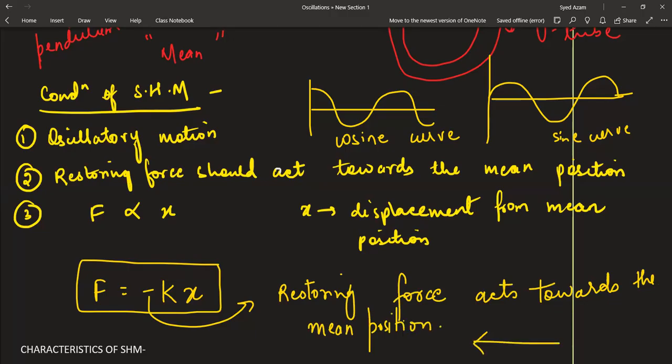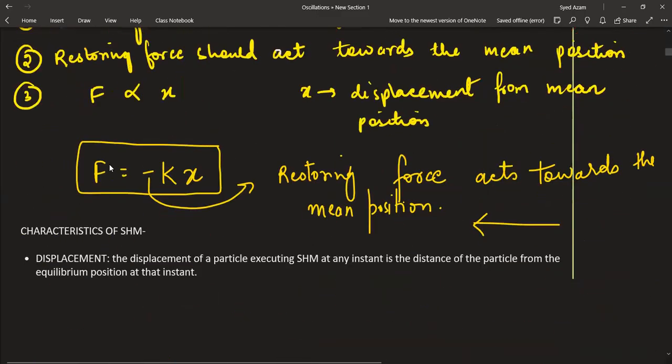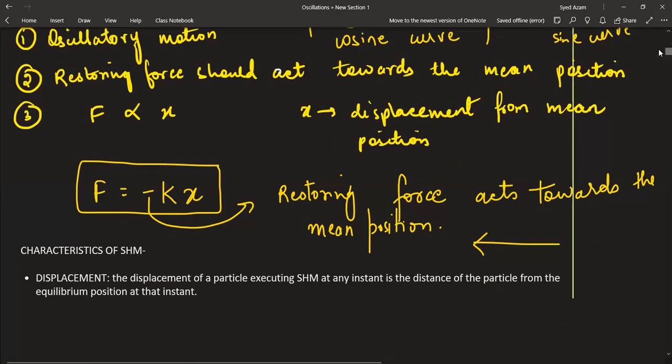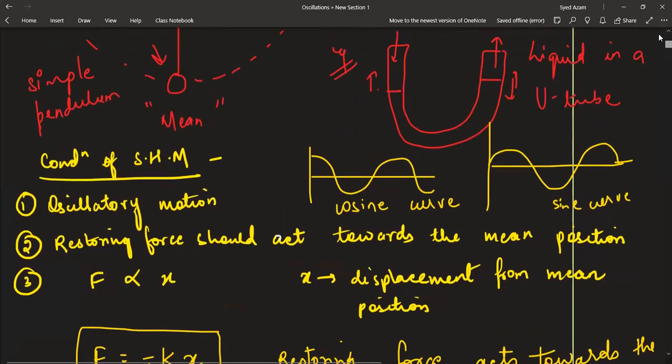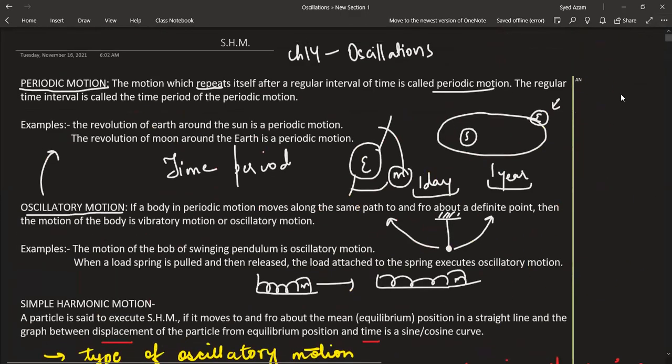Okay, it will be directed towards the mean position. So the rest of the things, characteristics of SHM, I'll discuss later. Remember, this is a very important formula. F is equal to minus kx. Most of the times kx is directly used. Please write all these points.